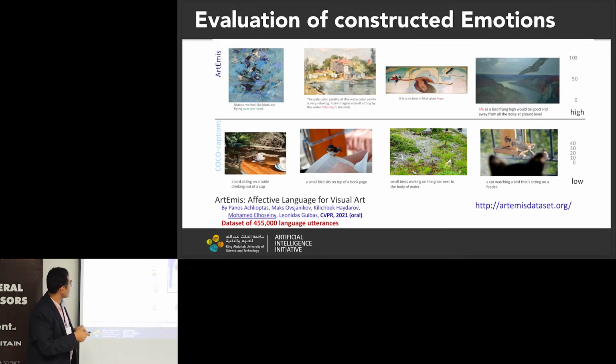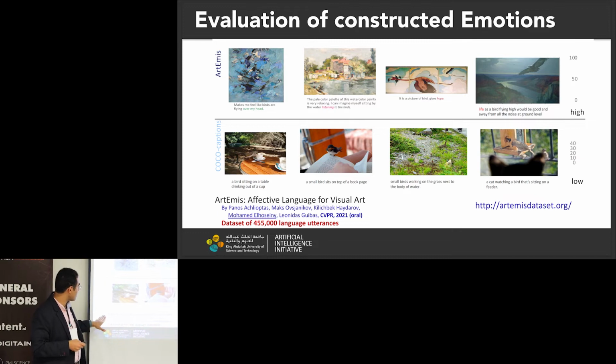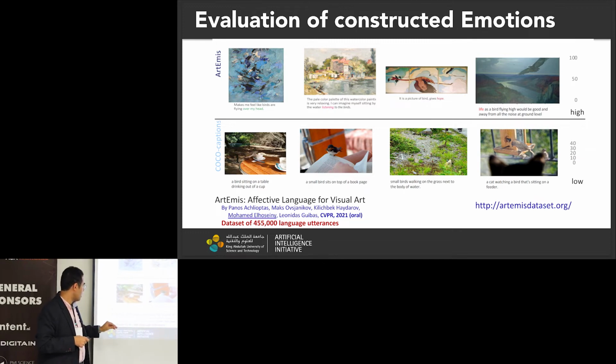So one aspect that we also wanted to evaluate is the constructed emotions. How capable is this novel generation of constructing emotional experiences for people? This is work that we did in CVPR 2021 called ArtEmis: Affective Language for Visual Art.